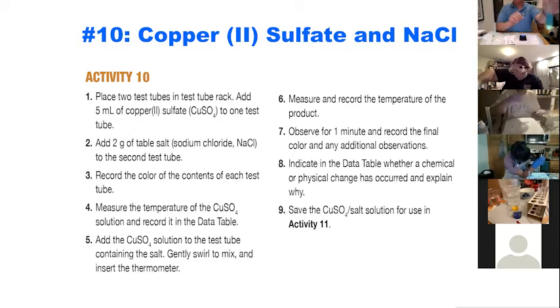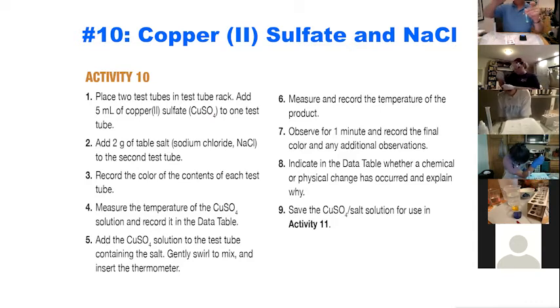I can already see something happening at the bottom here. And I start swirling, swirling, swirling. And I put my thermometer in.